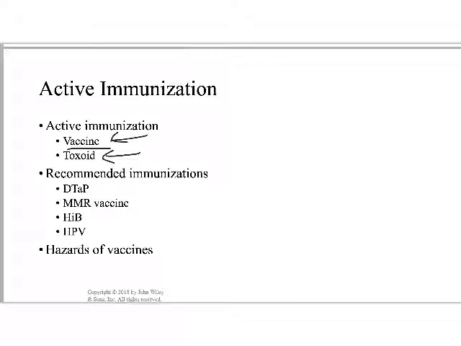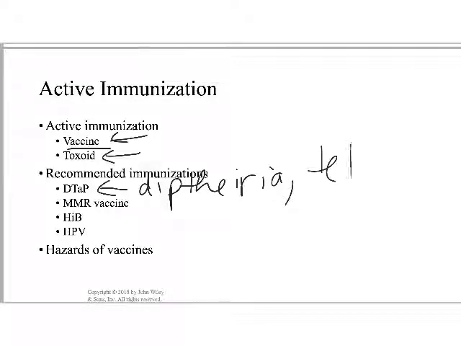Okay, now here are recommended immunizations, and there are a whole bunch of charts in your book about immunization, when you should get them, and what's contraindicated with them. It's table 18.8b in there. DTaP is diphtheria, tetanus, and pertussis.